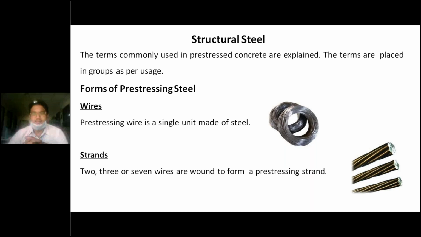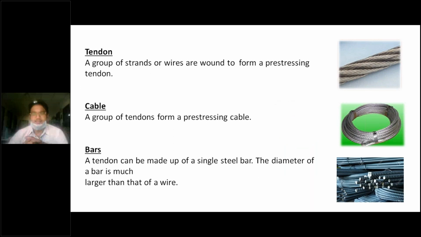And the next one is tendon. A group of strands or wires are wound to form a prestressing tendon. So you have to know the difference between a wire, strand, and a tendon. A wire is an individual member. When you wound wires, it becomes a strand. A group of strands becomes a tendon, right? The next one is cable. Here a group of tendons forms a prestressing cable.